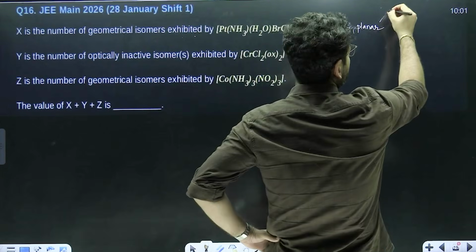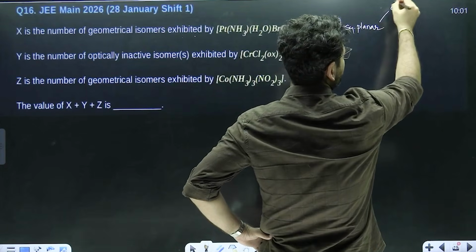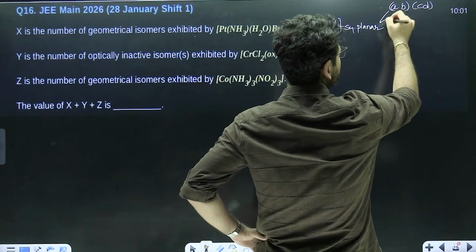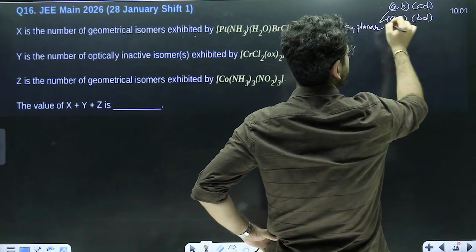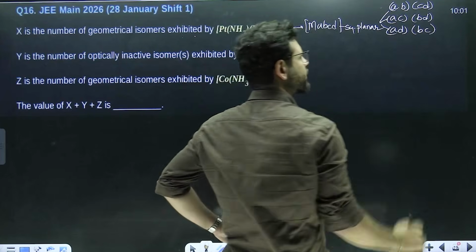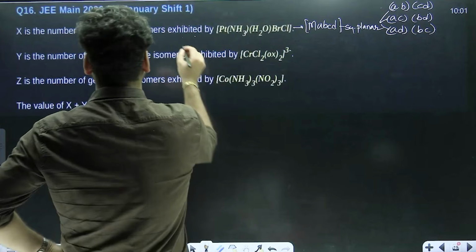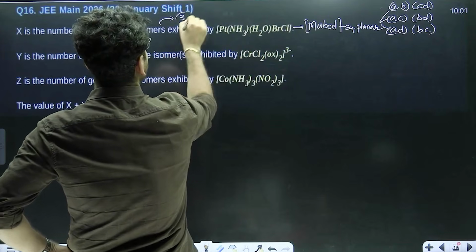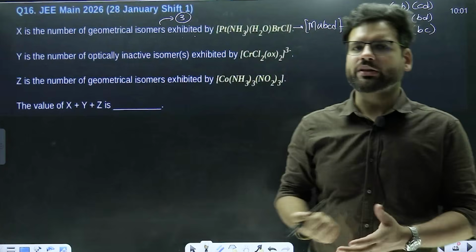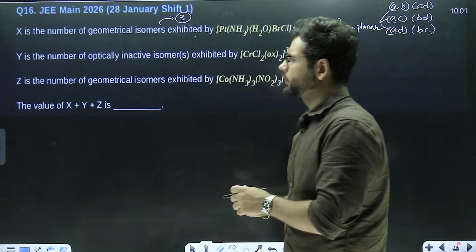One is where A can be trans to B, then C will be trans to D. A can be trans to C, B and D trans. A can be trans to D, then B and C will be trans. So X is 3. NCERT says out of the 3, 2 are cis and the third one is trans. So yes, 3 GIs are possible here.